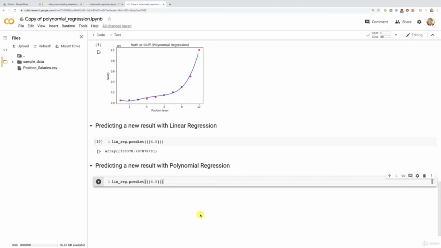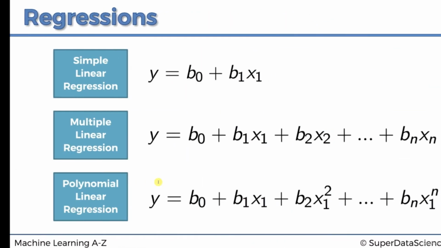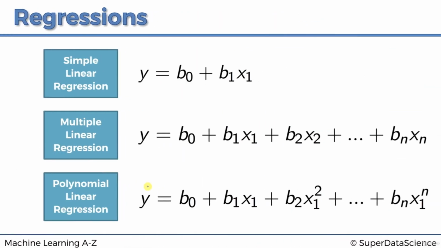Okay, let's do this. First, the obvious thing you had to change is, of course, the name of your regressor, because for polynomial regression, we named our regressor linreg2. And then, exactly the same thing as before, here we can't input that single position level coming from the matrix of single feature, but instead we have to input the features of this equation where x1 is equal to 6.5.